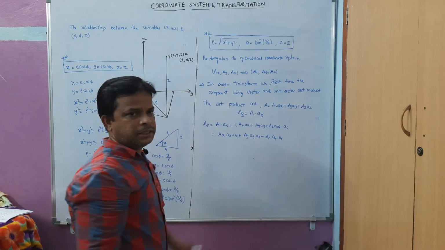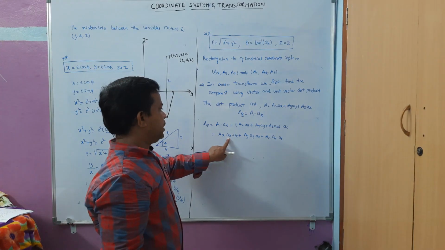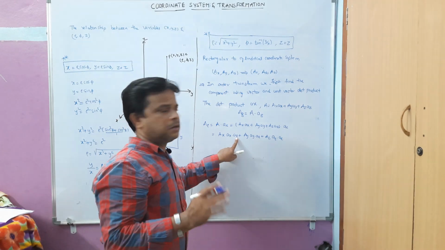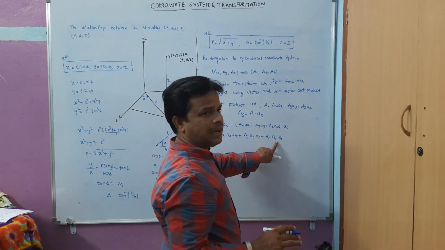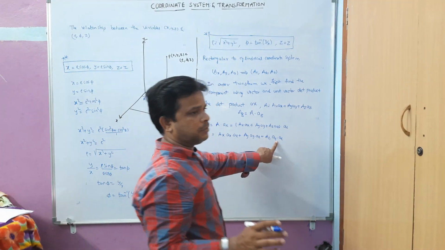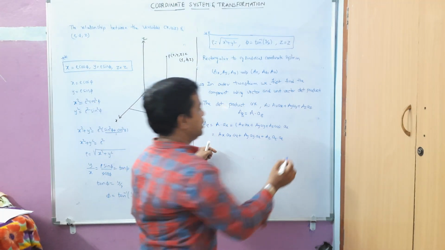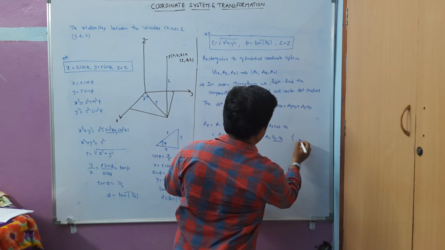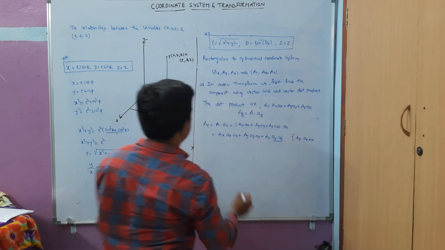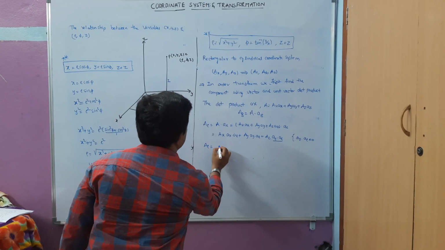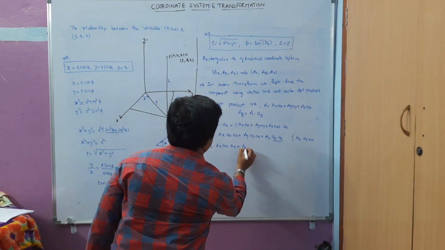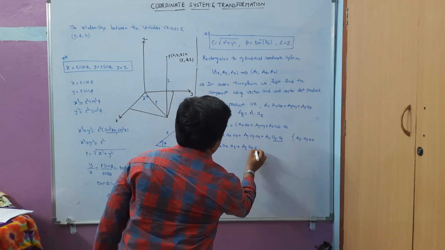Here x is a different coordinate system and rho is another coordinate system, so we don't know that dot product. But rho, phi, z is the same cylindrical coordinate system, and az dot a rho is always 0. So I can write a rho is equal to ax into ax dot a rho plus ay into ay dot a rho, and this last one is 0.